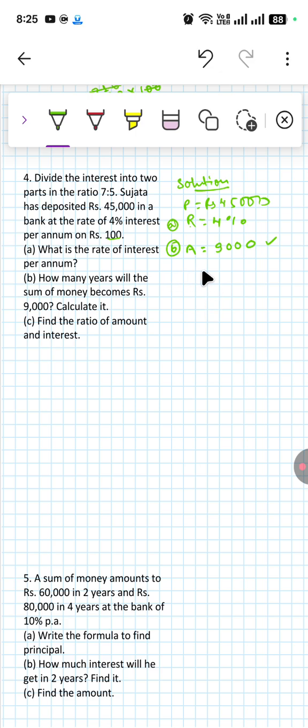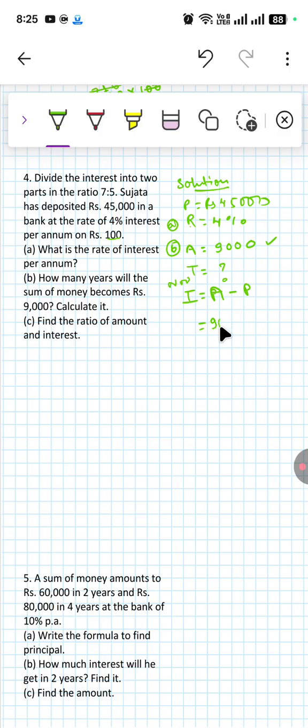So at what time does it become this much? Principal is there, rate is there, amount is there. Now we don't know one thing, that is interest. So now we will find interest. Interest is equal to amount minus principal.